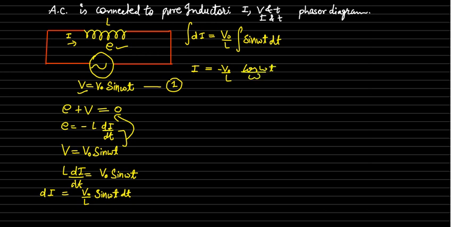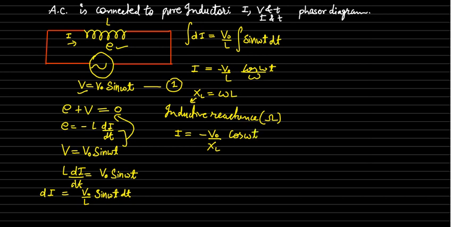Now over here we are going to define another term, XL equals omega L. We say this is inductive reactance, and its unit is ohm. So the equation becomes minus V naught upon XL into cos omega t.